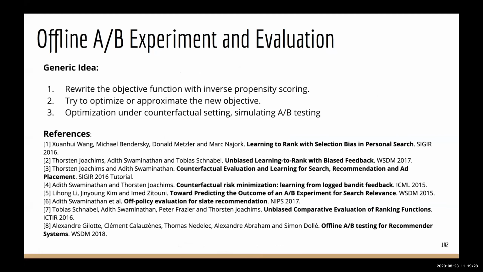There are basically two keys. One is to get your propensity score logged, and hopefully it's good. The other is to rewrite your objective function with inverse propensity weighting, as I showed a little earlier, and derive your optimization algorithm. This is really the recipe for all offline A/B tests.